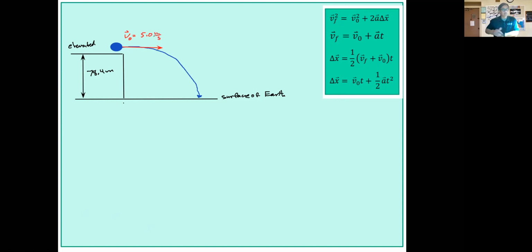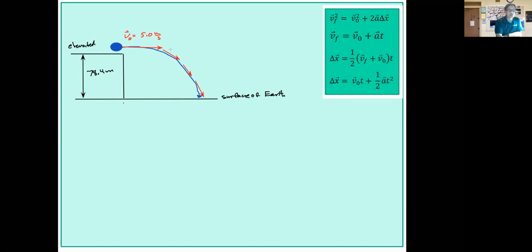Now, what you're going to notice is as we progress downward, that velocity is going to start changing, so that it's going to eventually hit the bottom with a certain speed. So the red arrows represent the velocity. Now, I'm sorry, obviously it's going to increase as we go along.